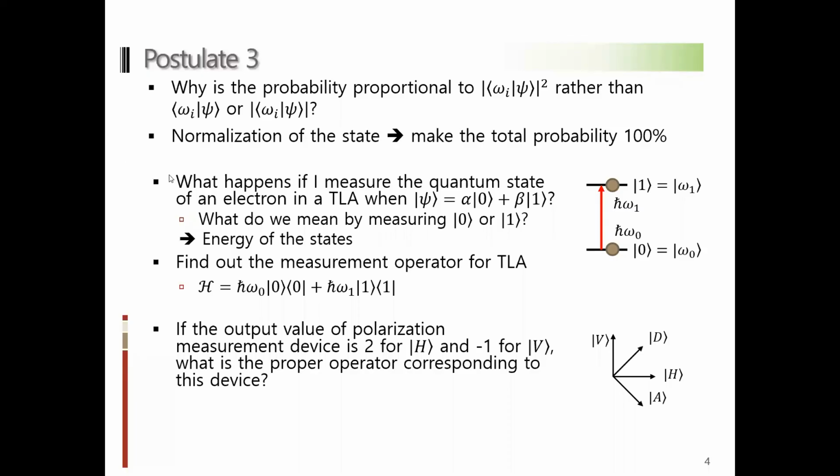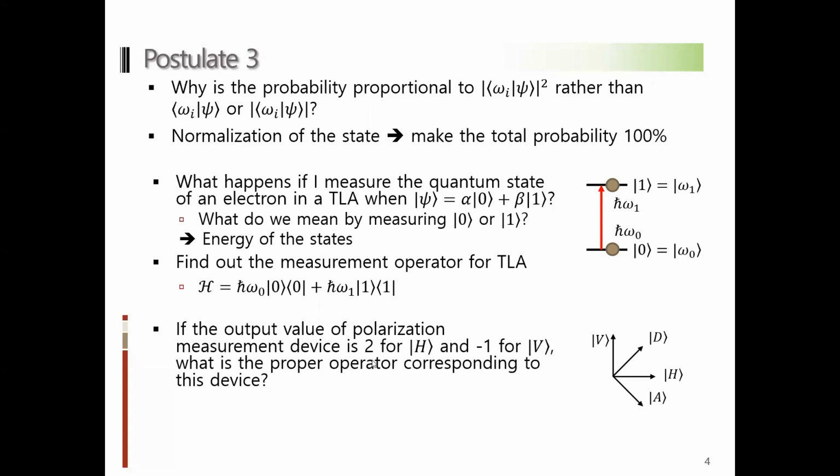In the previous page, we considered the measurement device for the polarization. At that time, we simply said that either horizontally polarized or vertically polarized light is measured. But to represent the measurement in terms of the operator, we cannot use this kind of alphabet, we need some kind of value.